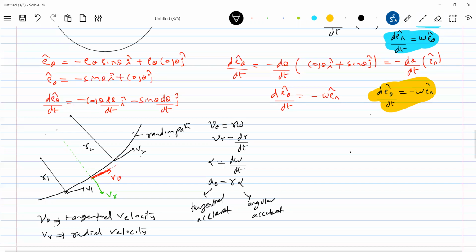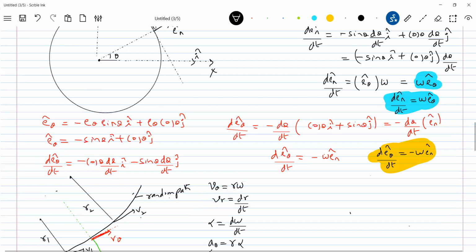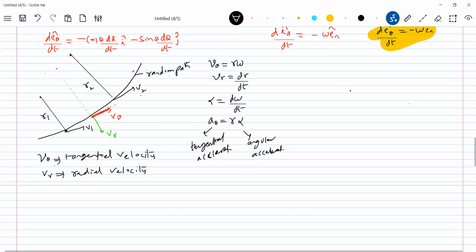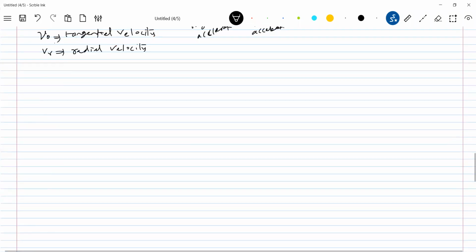Okay, let's go for what was our main purpose. A general plane motion has to be determined. That was our particular goal, no? So I just set up the initial background. So let me go for general plane motion. Let me describe the general plane motion.